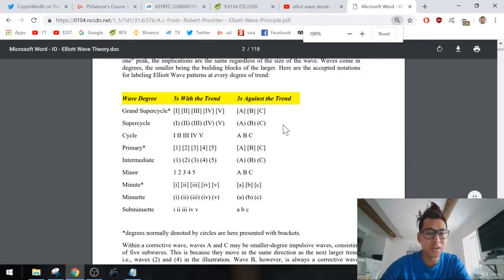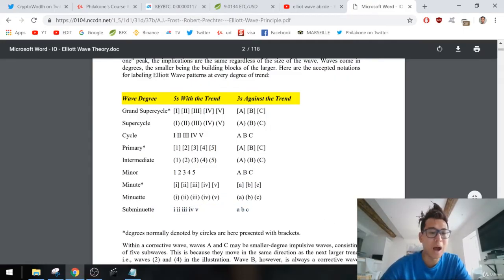And there's also different ways to annotate this. The different ways, for example, are using different Roman numerals, and we're also using a smaller case with different types of brackets that will denote how big the wave degree is. So for example, a sub-minuette would be done on like a 1-minute chart, right? And you'd be using very, very small characters.